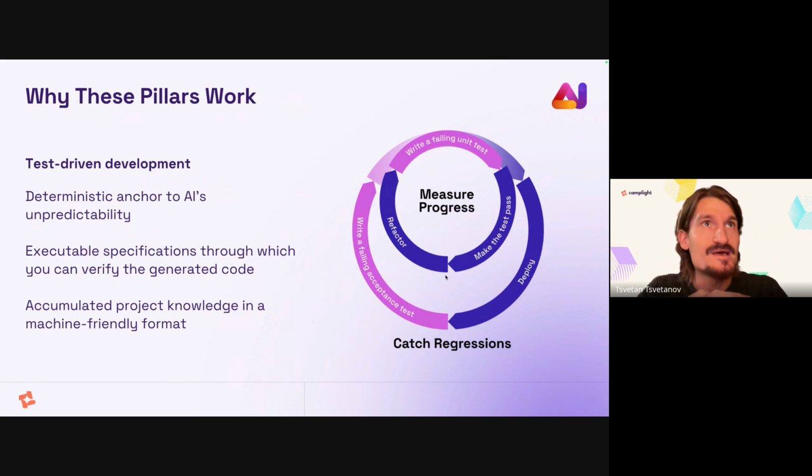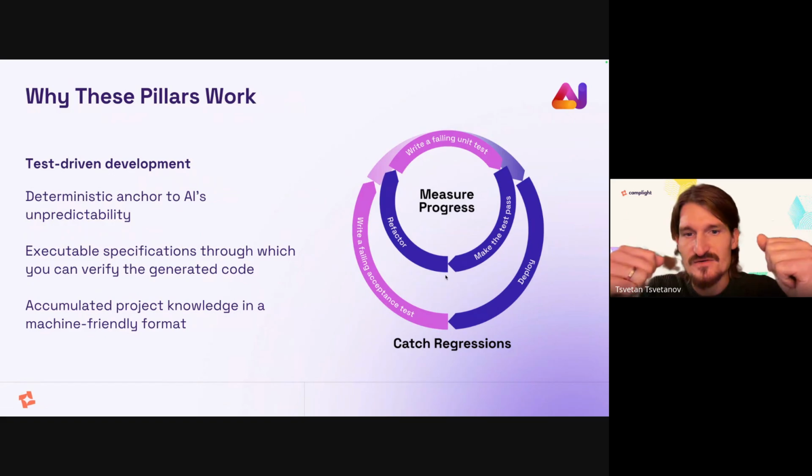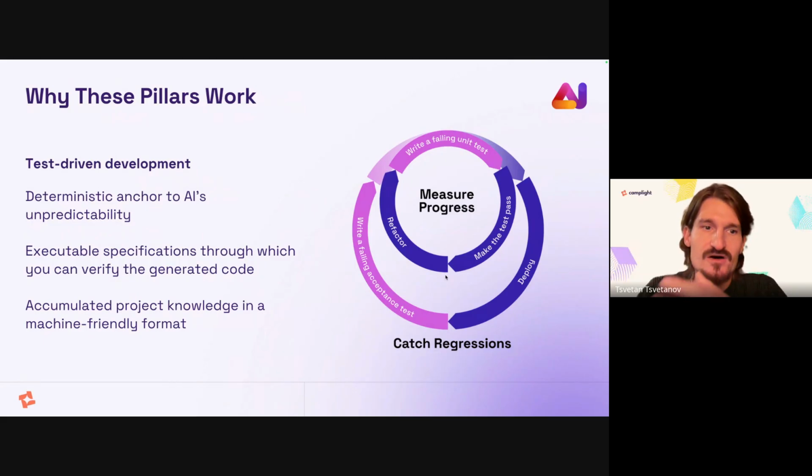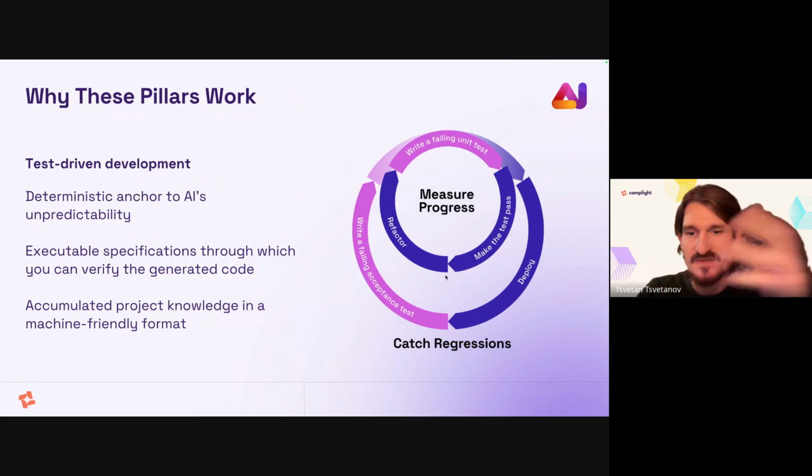As I told you, it's a way to anchor AI's unpredictability deterministically. So basically, we write something that the AI can execute, and based on its output, the AI can decide whether it has done what I expected from it, or it has done something bad, and then it gets into a self-correction loop that it executes until it successfully makes all the tests pass.